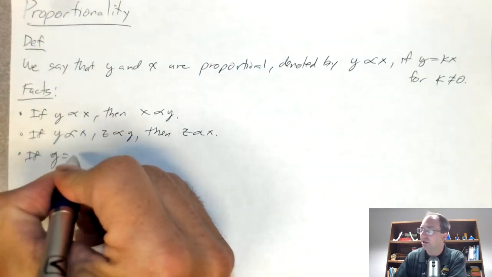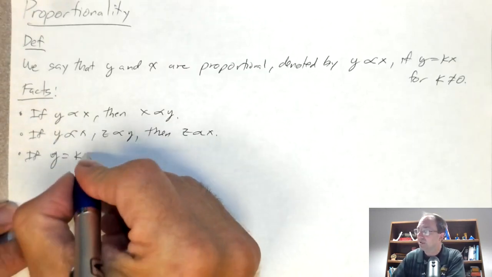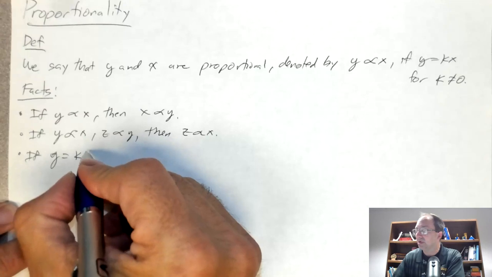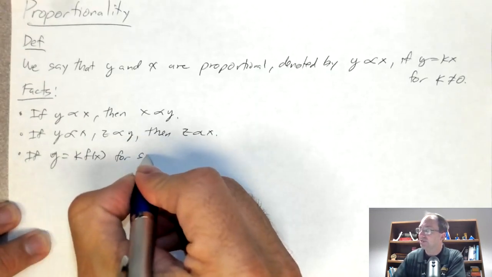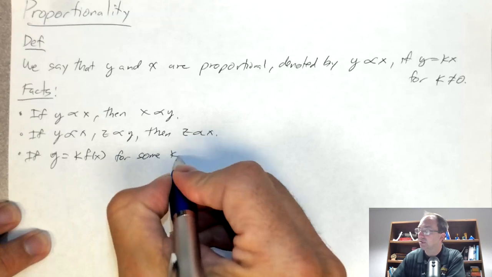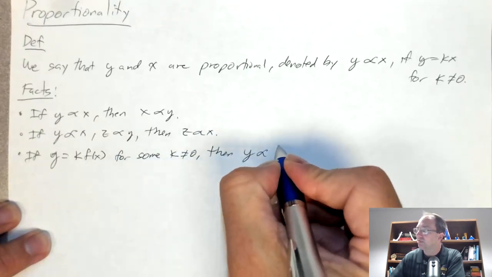And then one that's particularly helpful is that we don't have to restrict ourselves to linear situations. We can talk about y equaling some constant times a function of x. So if that's true for some non-zero constant, then y is proportional to f of x.